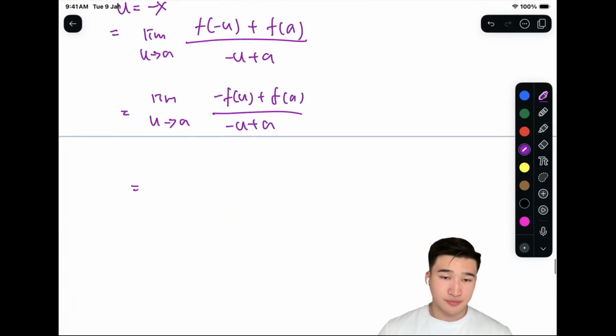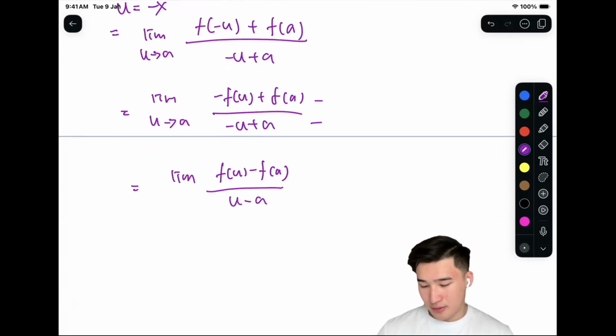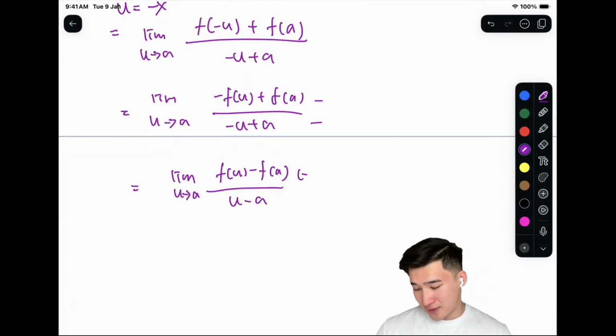Here it's quite obvious: we just want to take the negative sign from both. So we're going to have f(u) minus f(a) over u minus a, limit u approaching a, and obviously we also have the negative sign, but they got canceled out.